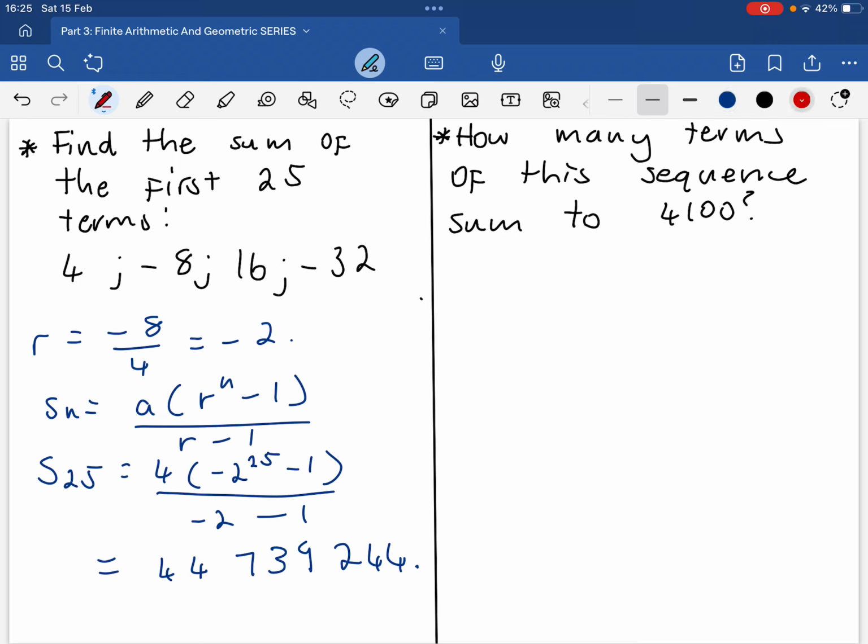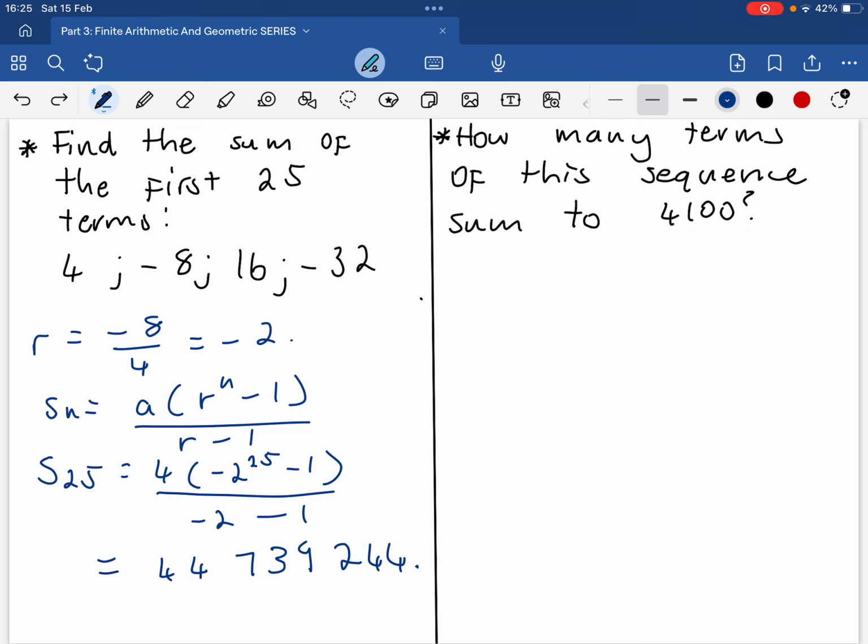Okay. Here's an interesting one. How many terms of the sequence sum to 4,100? You can give it a try if you have an idea. But how do we tackle a question like this? Well, this question is telling us that there are a certain number of terms here that if you add together will give you 4,100.